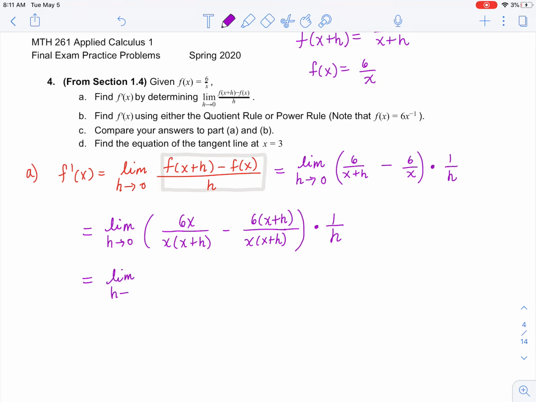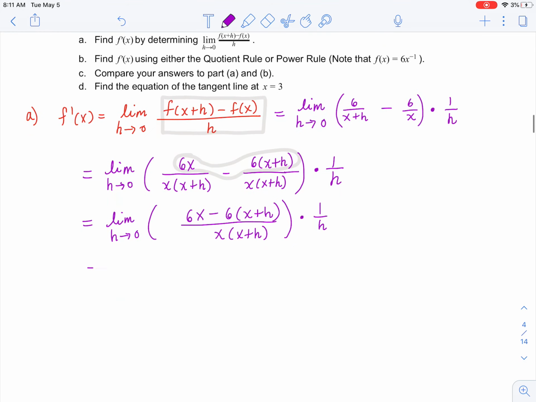Let's put the numerators together: 6x minus 6 times x plus h is getting divided by x times x plus h, and this 1 over h is patiently still waiting out there.